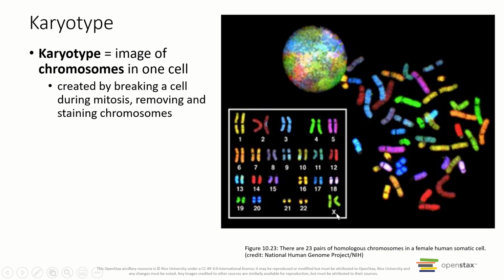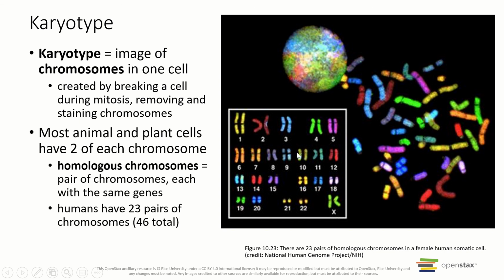This is from a human female, so there are 2 X chromosomes. If this were from a human male, there would be 1 X, and then the Y is a little tiny little chromosome. Okay, so that's a karyotype, and we can only do a karyotype when the cell is in the process of doing mitosis so that the chromosomes are all nicely condensed like this so we can see them.